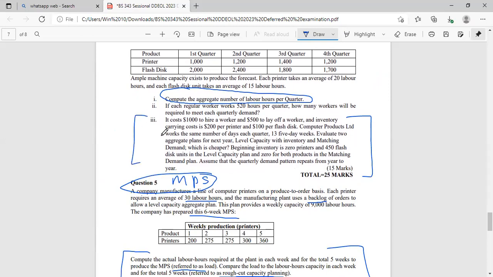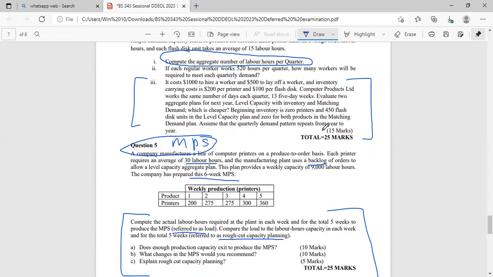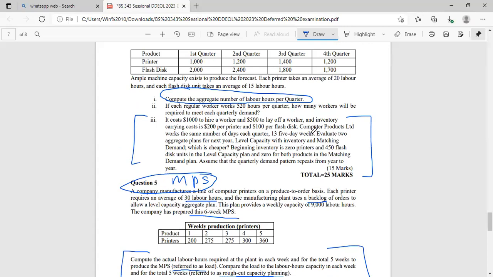It says it costs 1,000 to hire a worker and 400 to lay off a worker. Okay? And then Computer Products Limited works the same number of days each quarter, 13 5-day weeks. Evaluate the aggregate plans for the next year using labor capacity with inventory and matching demand, which is cheaper.